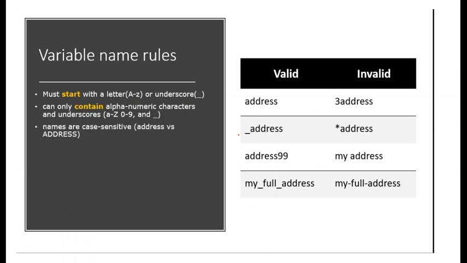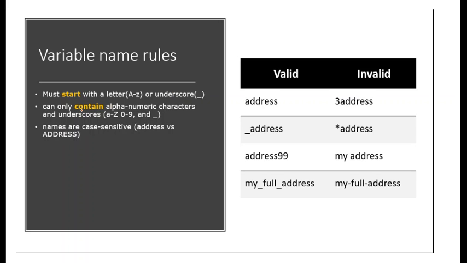All right. Now, when it comes to variables, there are certain rules that we must follow. Otherwise, we will get a syntax error. So the first rule is that the variable must start with a letter, right? It can be from A to Z capital or from A to Z small letter or underscore. So either letter or underscore. This is just for the starting character.